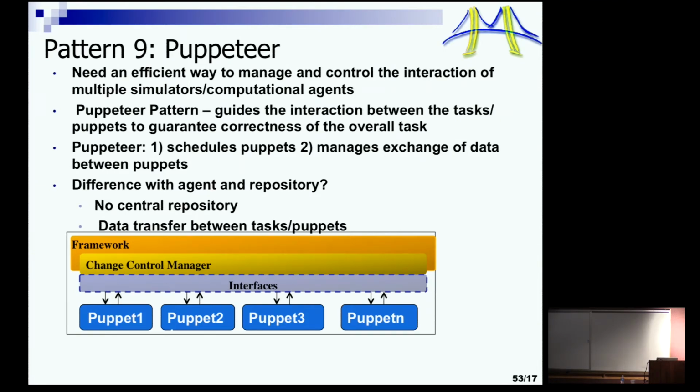This pattern essentially says puppets can run independently, and when they need to communicate with one another, you have an entity called the puppeteer, which will facilitate the interaction. The puppeteer doesn't store any data, and that is a big difference between this and the agent repository. You're doing sort of a message passing interface, and all the data is stored in the puppets.